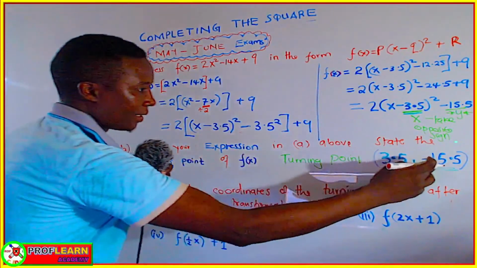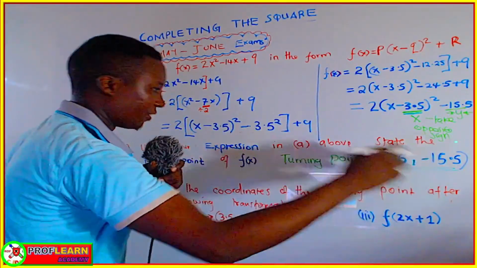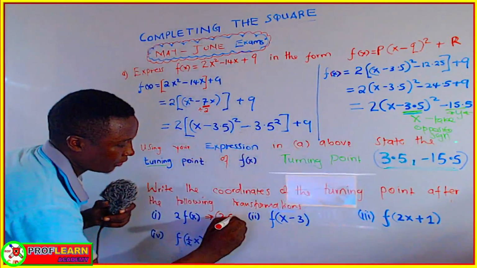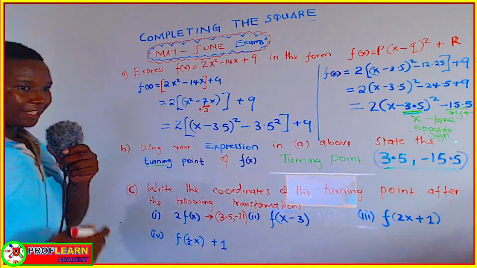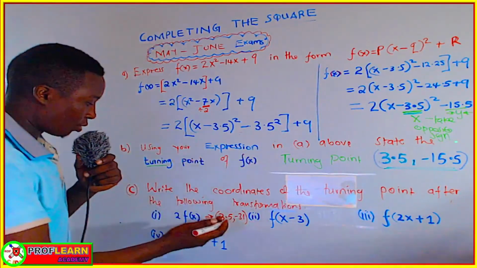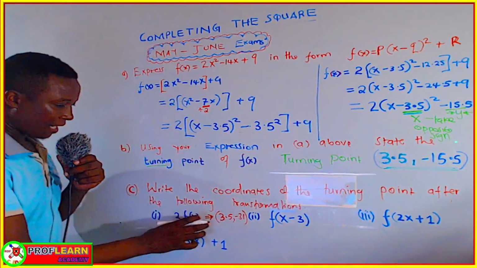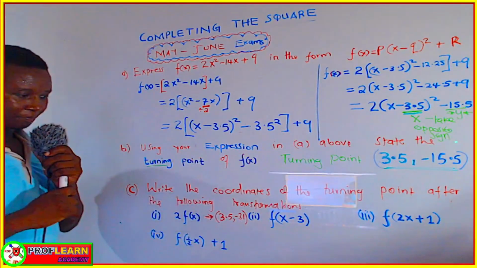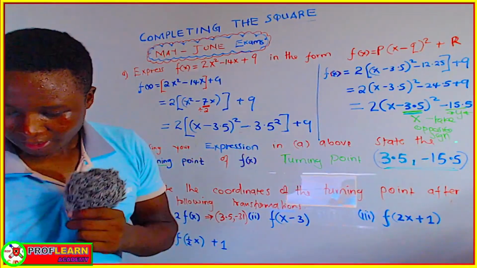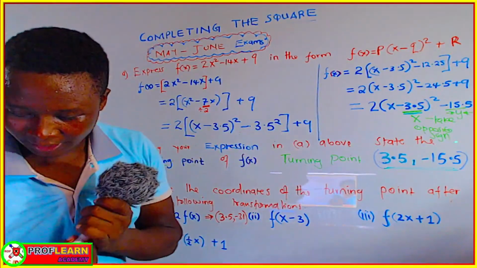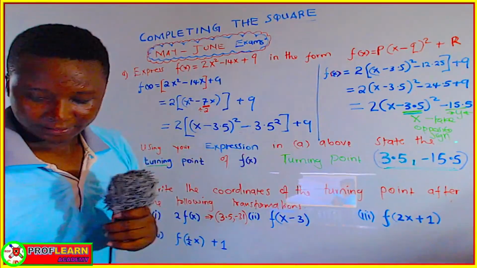So this is negative 15.5 times 2, which gives us negative 31. And that becomes the new coordinate of the turning point after this transformation. Now, once you've understood that, we can move to the next part.